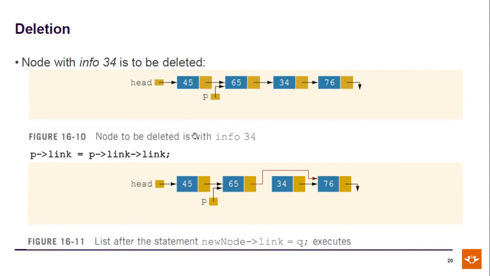Yeah, so then, for example, in this case, we'll say p link is p link link, right? Which means that we want to point to that.